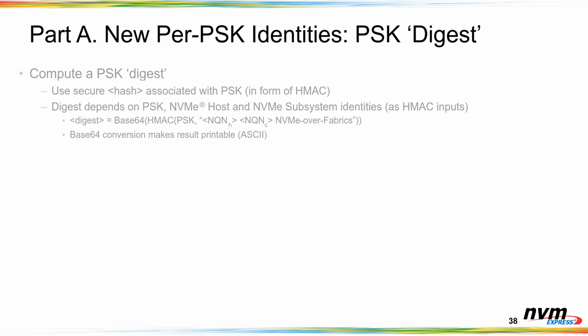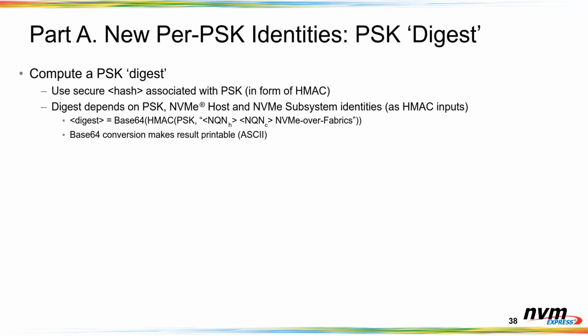So how do we do the per-PSK identity? We compute a PSK digest. We use the secure hash that is associated with a PSK, and then we compute the digest as the HMAC, using the PSK that we have as a key, of the concatenation of the two identities, again, the NQN of the host and the NQN of the controller, plus the string NVMe-oF.